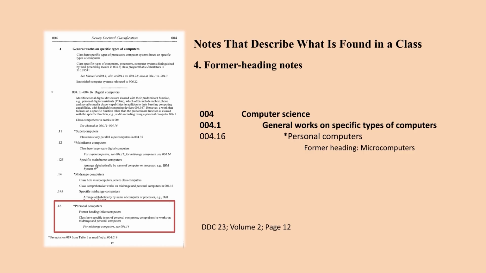So there is no ambiguity, that's why the latest edition has mentioned the former heading. In this particular case, in the previous editions, 004.16 was microcomputer, but in the 23rd edition, it was personal computers.